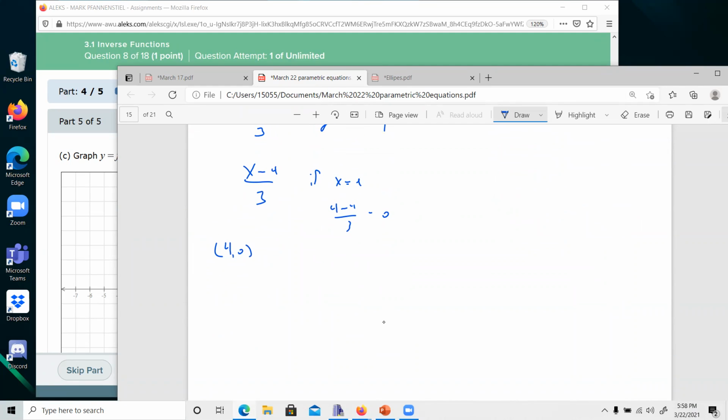I don't want to pick 1 or 2 because I don't want to deal with the fraction. Let's pick x equals 0. So we have 0 minus 4 over 3 is negative 4/3. Okay, so we have 0 and negative 4/3.